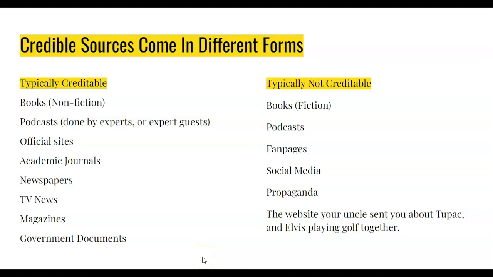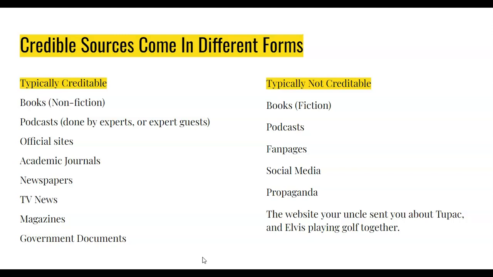Credible sources come in different forms. As you have seen, we saw an uncredible source in a fan page, and then you saw a credible source in a podcast done by experts. Typical credible sources tend to be books, podcasts done by experts, official sites, academic journals, newspapers, TV news, magazines, and government documents.